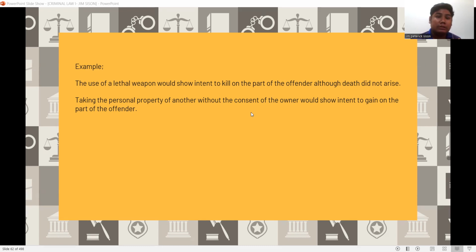While in the case of personal property, in case of theft, okay, once you take personal property of another that is not yours, automatic. Okay, it will show intent to gain. Why? Because in the crime of theft, there should always be intent to gain. And in the crime of murder, there should always be intent to kill. Okay? Just take note of that.